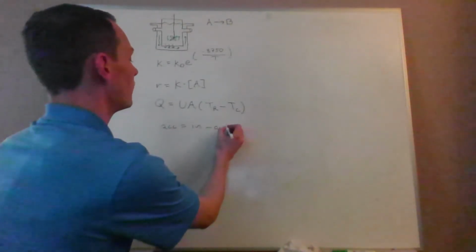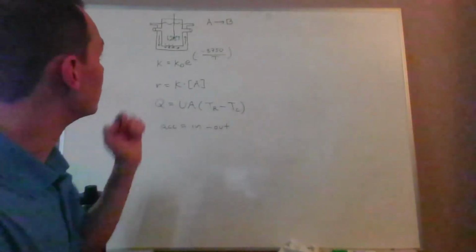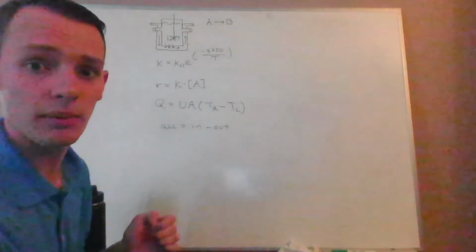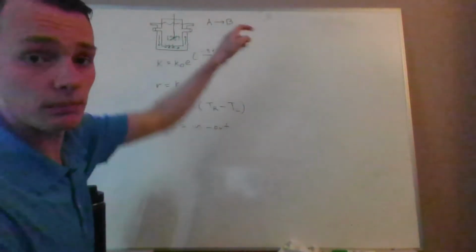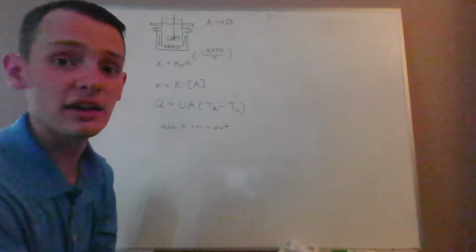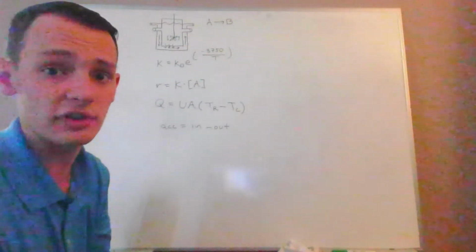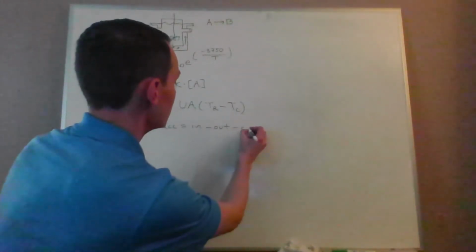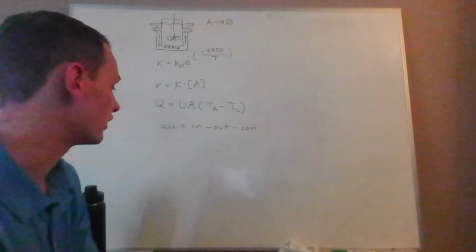Then there's one other thing that we actually have to subtract here. We want a differential equation for the concentration of A, because that's what our problem is telling us to do. But A is reacting to form B, which means once some A comes into this tank, some of it is going to be reacted and thus consumed. So that also needs to be taken into account, and we subtract that from our mass balance here.